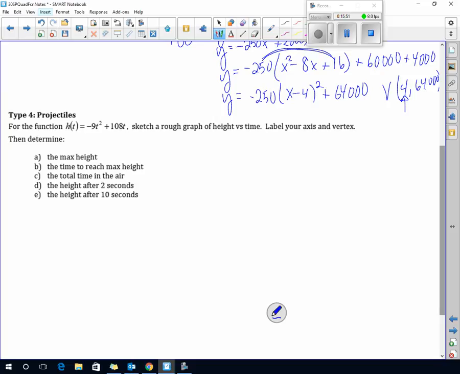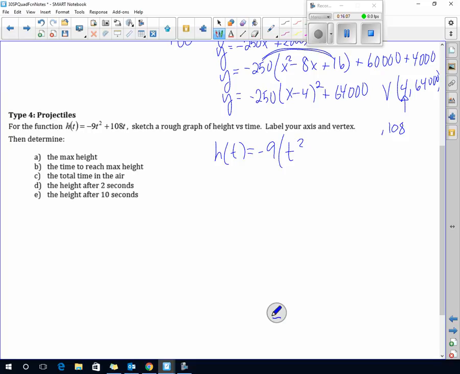Okay, h of t equals minus 9t squared plus 108t, 9 goes into there once, twice. So minus 12t. Yes?